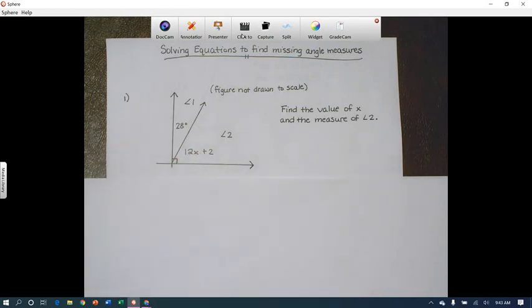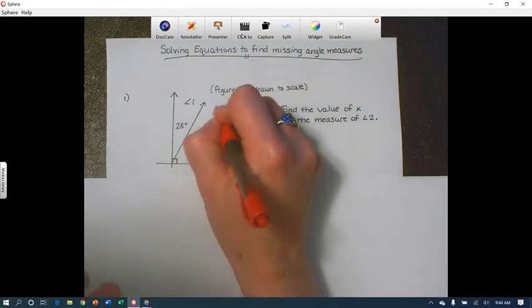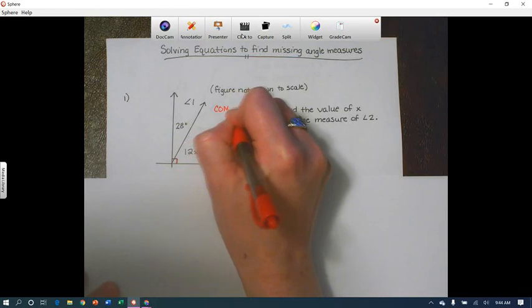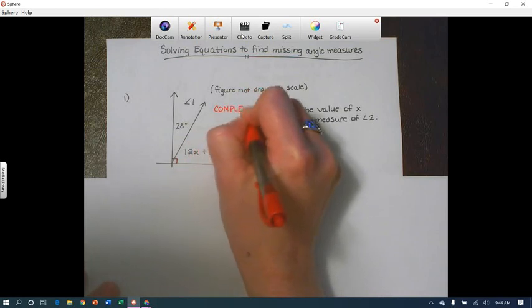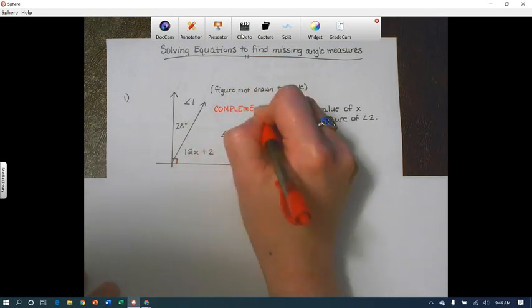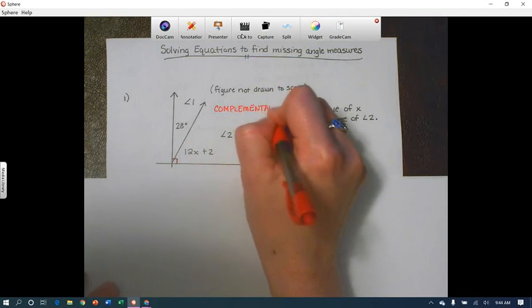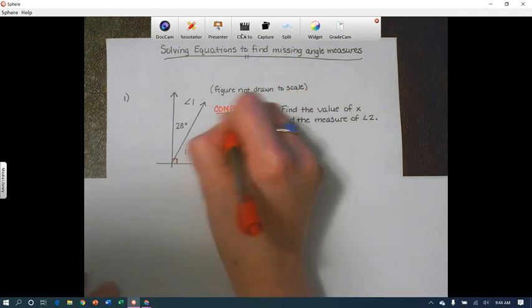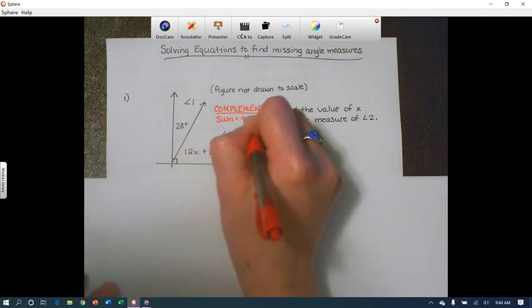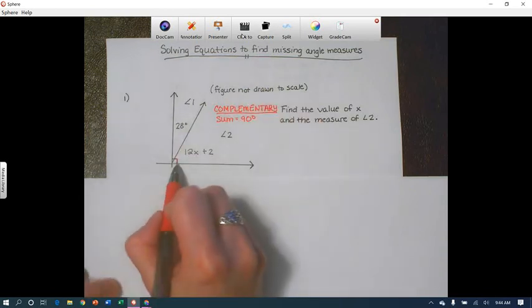So if two angles have a sum of 90 degrees, using that vocabulary word from yesterday and from Tuesday, we can say that they are complementary. The sum is equal to 90 degrees. We see that right angle there.